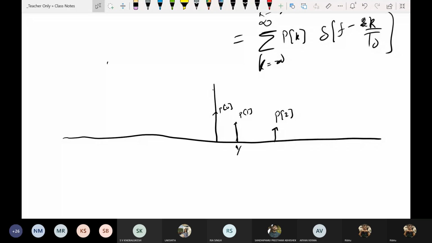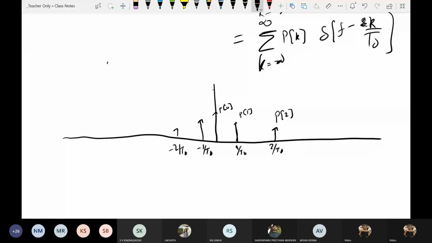This will be 1 by T naught, this will be 2 by T naught, minus 1 by T naught, minus 2 by T naught. Fine. And as you will realize, as this time period T naught increases, these grow closer.